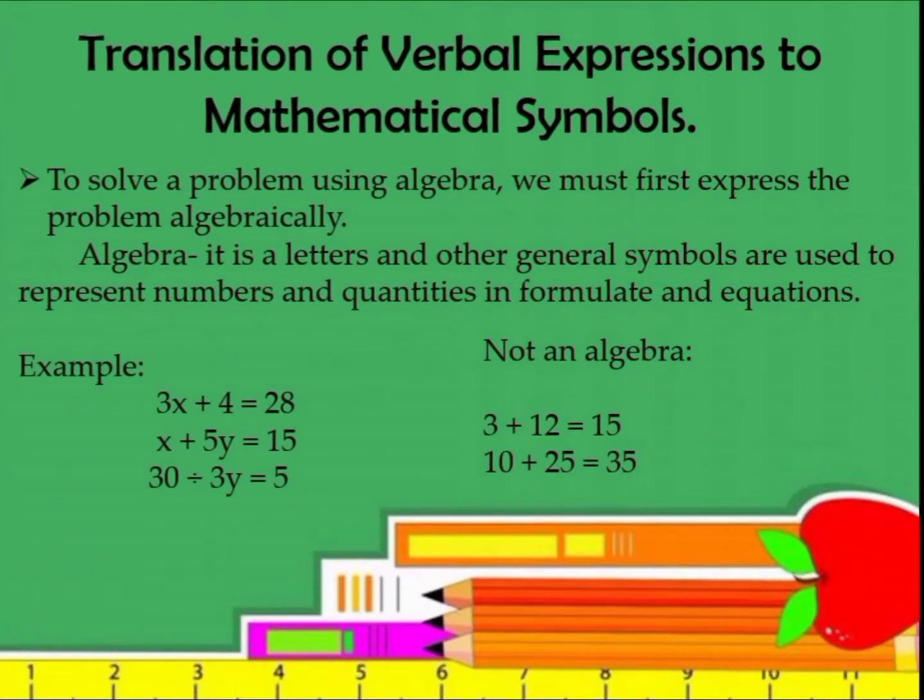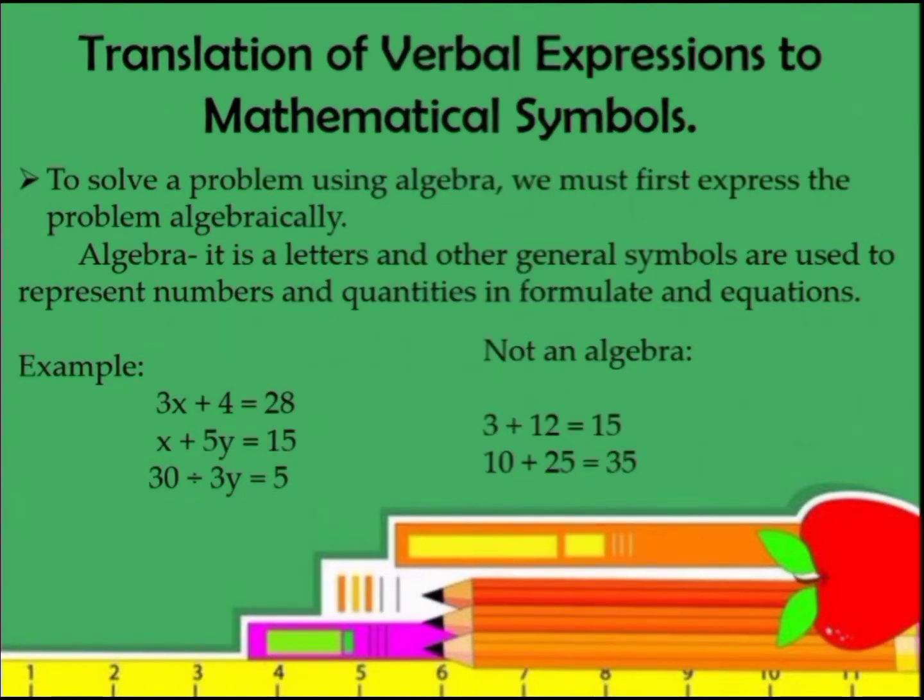Now let's have our topic for today, which is again translation of verbal expressions through mathematical symbols. To solve a problem using algebra, we must first express the problem algebraically. But what is algebra? Algebra is letters and other general symbols that are used to represent numbers and quantities in formulas and equations. We have here examples.